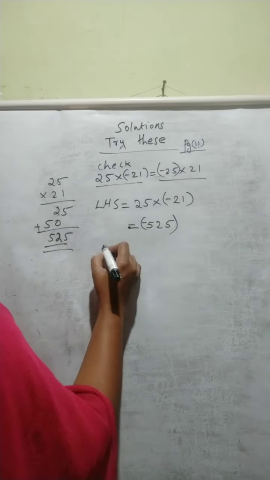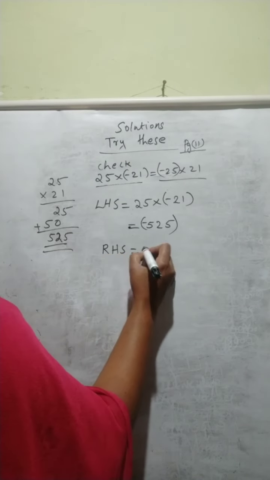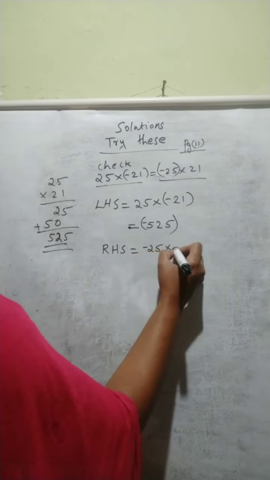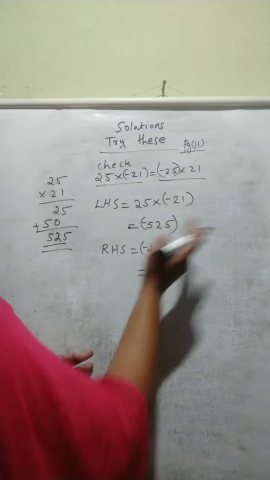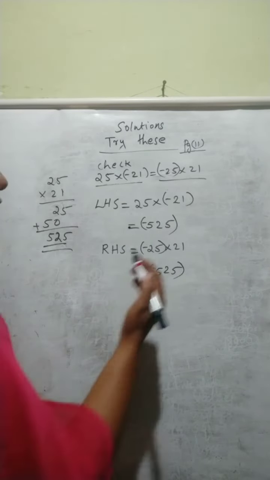Then this RHS part, that is equal to negative 25 multiplied by 21. So here also 25 multiplied by 21, answer is 525. But the one number is negative, so we have to keep here negative integer. So actually what happened, negative can be anywhere if the numbers are same. Negative 21 is equal to negative 1 into 21.